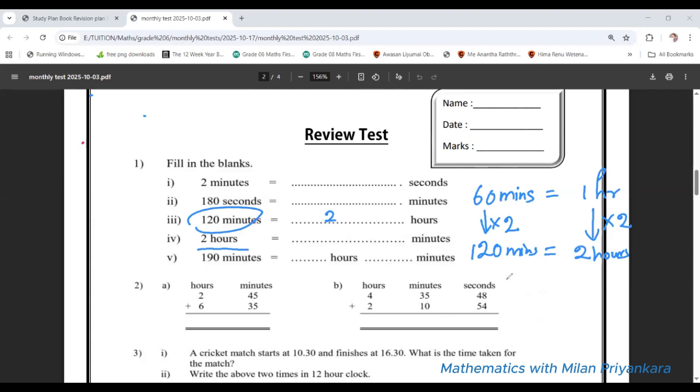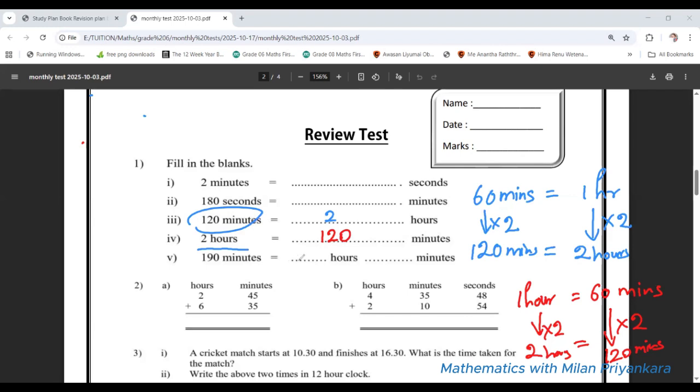Okay. 1 hour equals 60 minutes. So if it is 2, that means it has been doubled, right? And then the 60 also has to double. Therefore, it is 120 minutes. So right here, it should be 120 minutes, right?